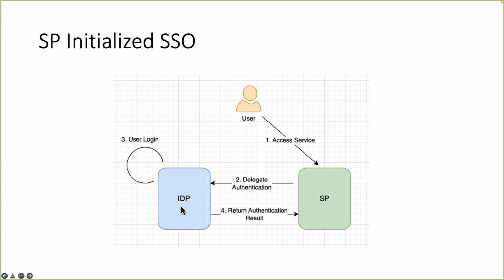After that, the IDP will generate some kind of statement or assertion and send it back to the SP. Within this statement, there will be some important user information, and a digital signature is appended to this response so that the SP knows this user information has not been tampered with or tweaked by hackers in the middle, because there's a digital signature that the SP can validate.